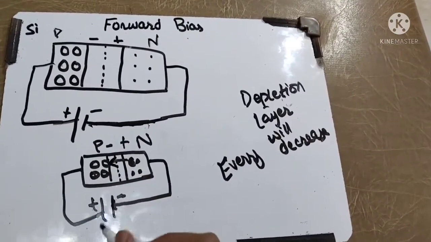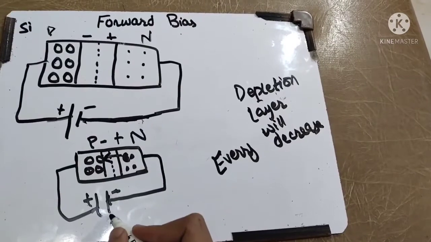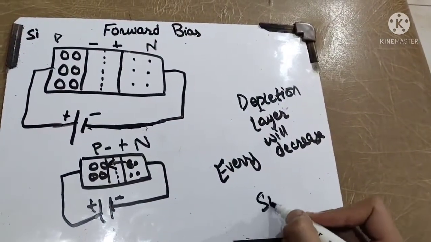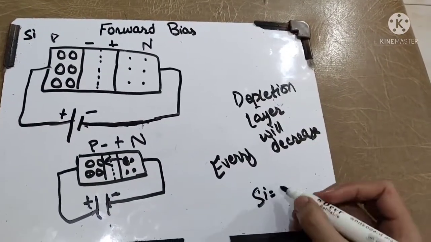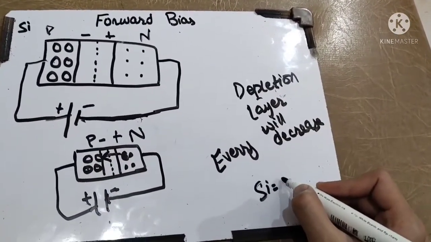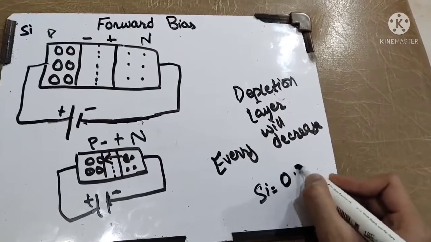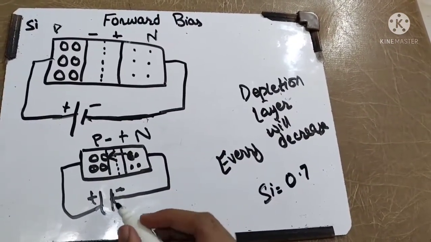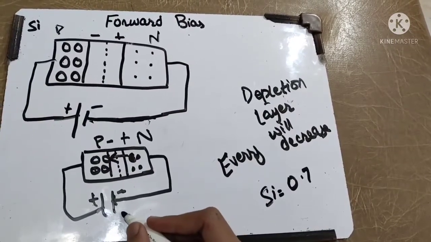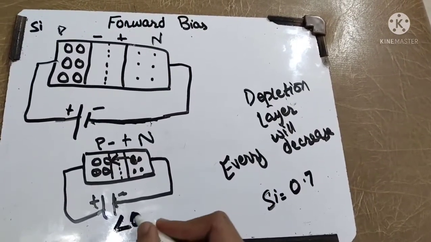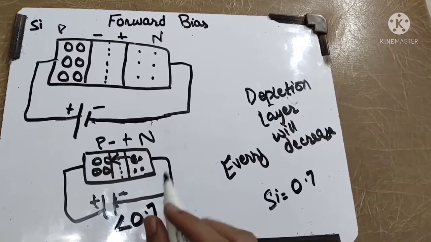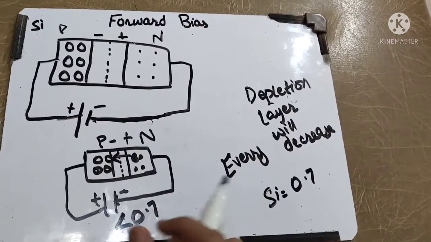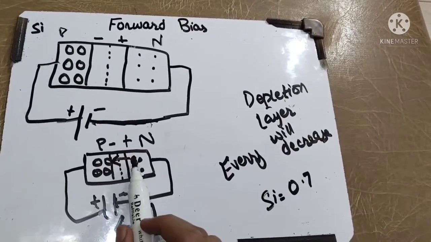In this case we have taken silicon, and we know that silicon has a potential barrier of 0.7 volt, as we studied in the previous topic. We take an external battery with a potential difference of less than 0.7 volt.